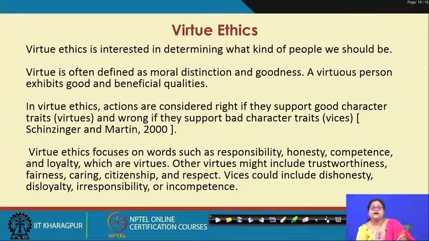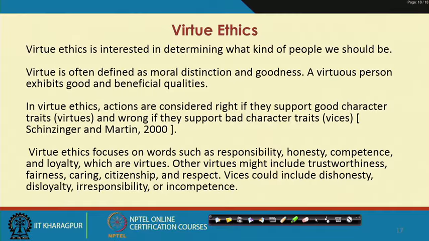So, if we have these qualities like trustworthiness, fairness, caring and respect, generally it is the philosophy of life, the world view of a particular person who is trying to make a moral decision.